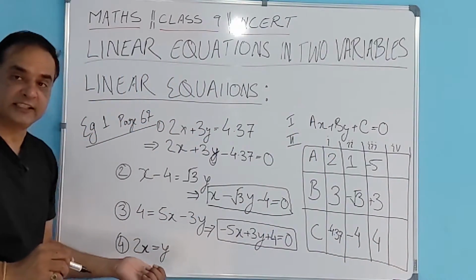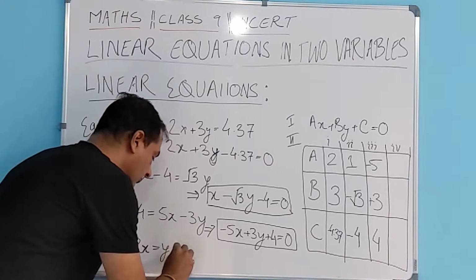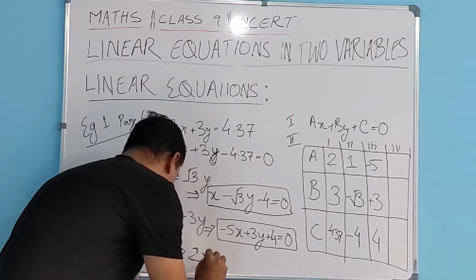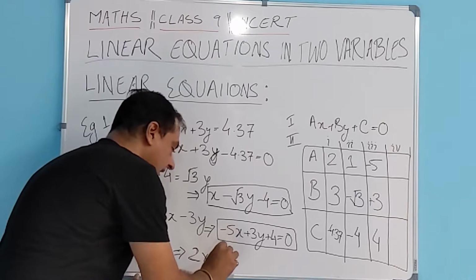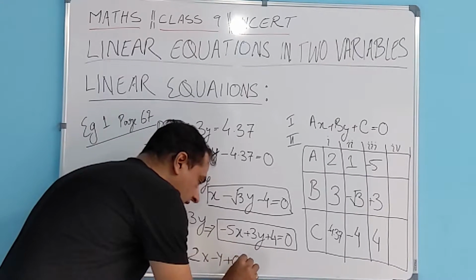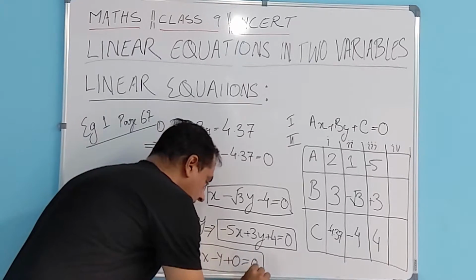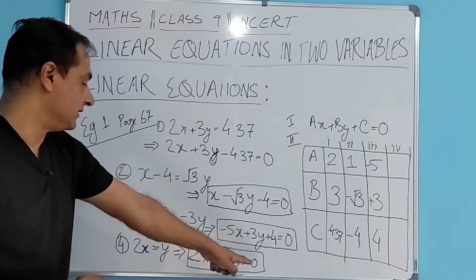Now we look at the final one, which is 2x equals to y. So we can write this equation as 2x minus y. We'll bring y over here, and then we can write that as 0 equals to 0, because we have to represent it in form ax plus by plus c equals to 0.